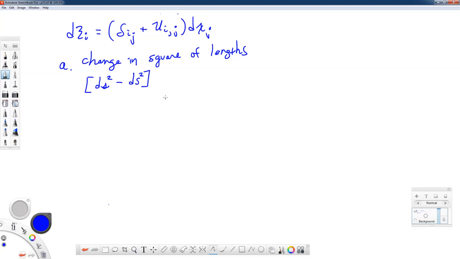Now we know that we can write d script s based on our dot product, and we saw how we did that. In our index notation, we can use any two dummy indices. So we have dxi l and dxi l, for example, where l is the dummy index. And we can also have any dummy index we want over here for d regular s squared.